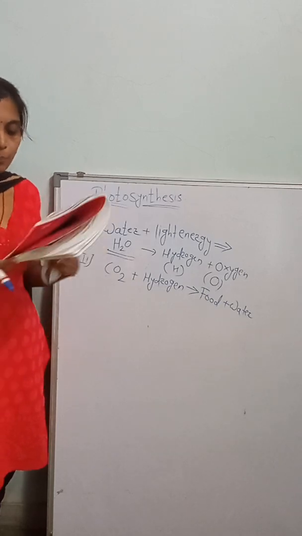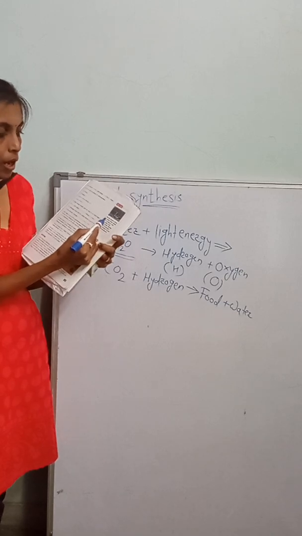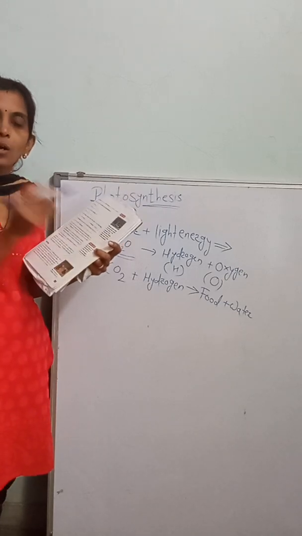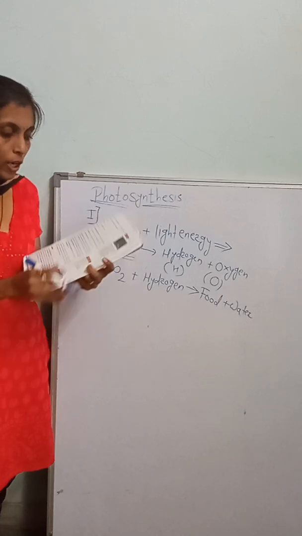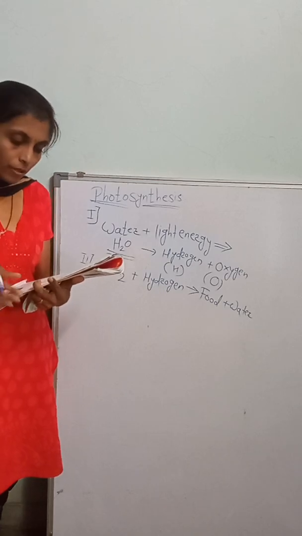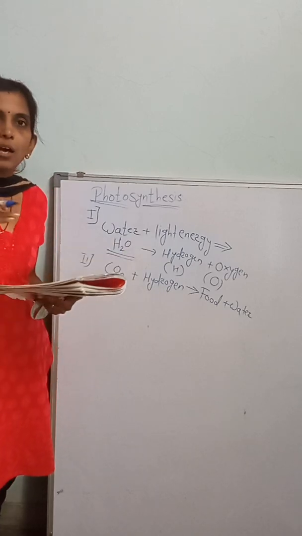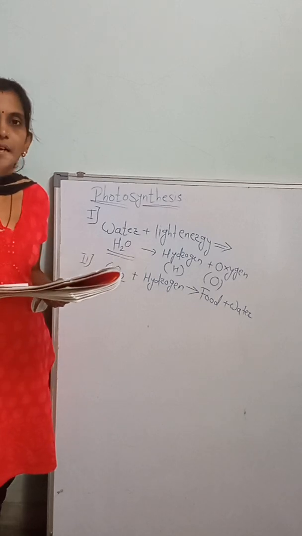See on page number 43, one diagram is given. On a leaf there are small pore-like structures called stomata, present on the surface of the leaf. Stomata allow the exchange of gases between the plants and the atmosphere.